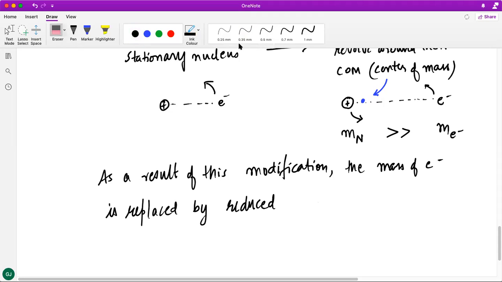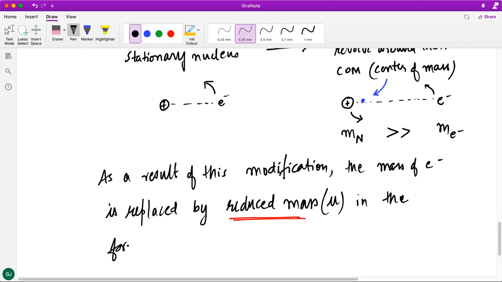The mass of electron is replaced by this term called reduced mass. We represent it using the symbol mu in the formula of energy.